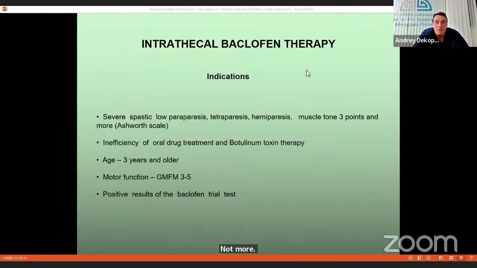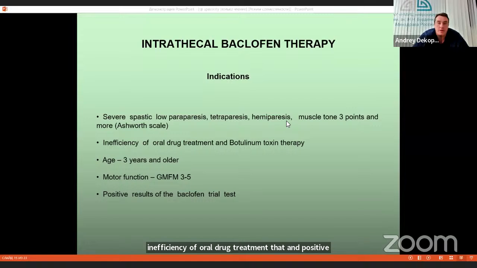And in intrathecal baclofen therapy, the indications are cerebrospastic lower paraparesis, tetraparesis, and hemiparesis, high level of muscle tone, inefficiency of oral drug treatment and botulinum toxin therapy, and positive results of baclofen trial.